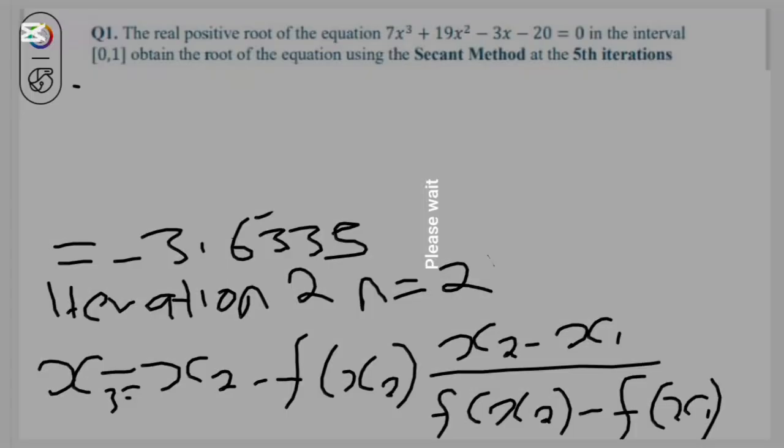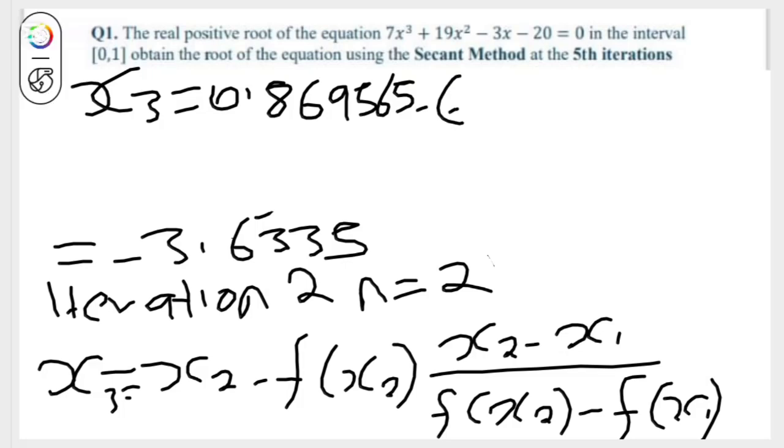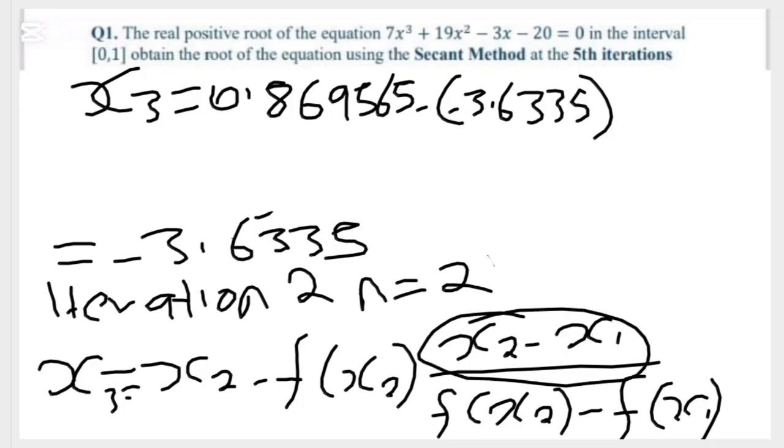So I have to substitute. The value of this x3 should now be equal to, what will be the x2? Our new x2 will be 0.8, as usual, we already found the value of our x2, 95665. So I have to subtract it by the function of x2, which is negative 3.6, and then multiply by this x2 minus x1.